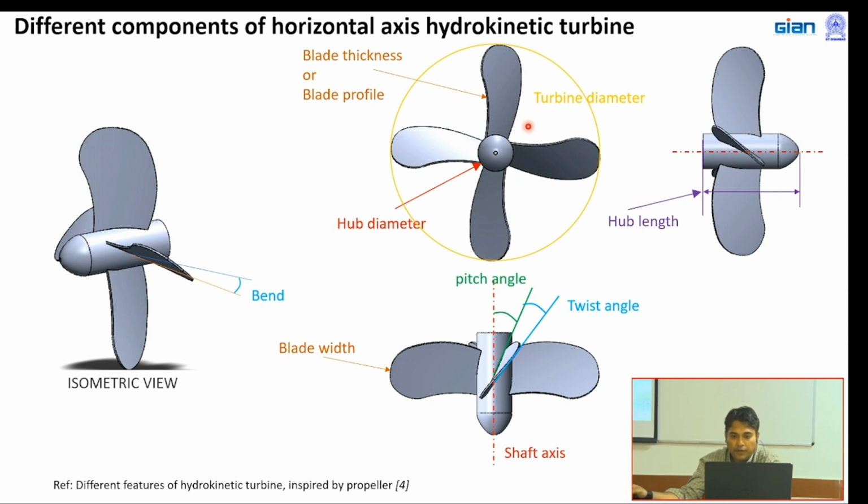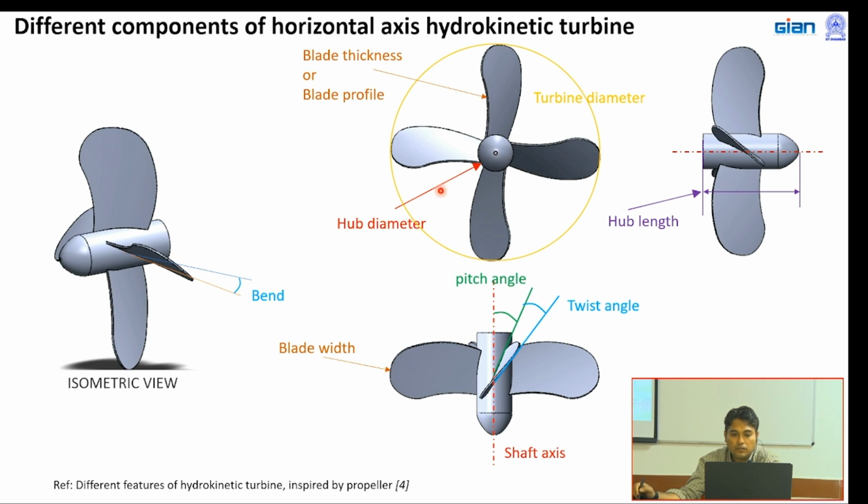Now this is the front view, and this is the top view. From the top view it will look like this. From the front view, that means from this part to this part, it will look like this. The left hand side view looks like this, and the right hand side view will be the same, symmetrical.